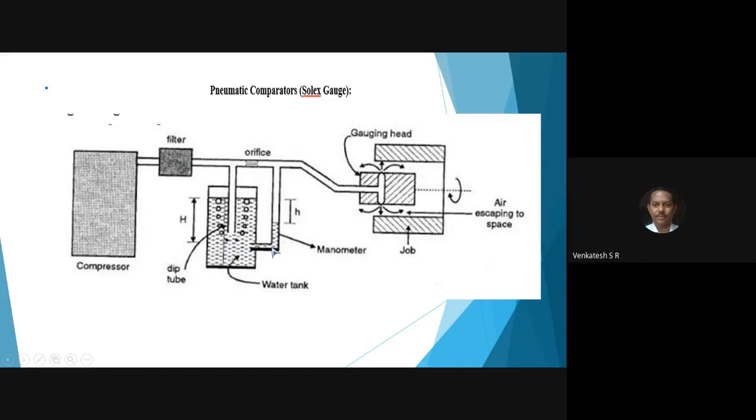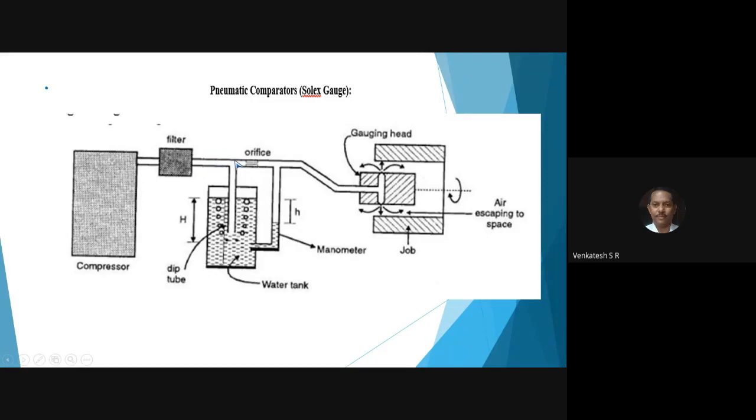All of you have seen the manometer. In the hydraulics lab, I will show you the manometer which is connected to the pipeline. And there will be an orifice. The requirement of the orifice is for the measurement of the pressure coming from the filter.